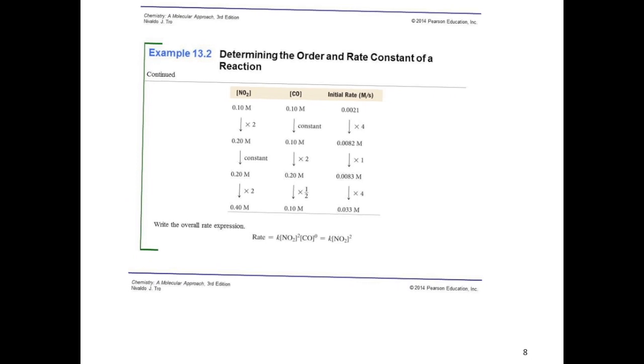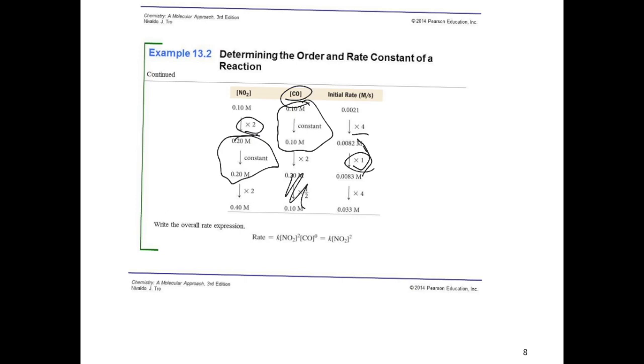When we have constant CO, and we double NO2, we get a fourfold increase in our initial rate. This we just ignore. When we double CO at constant NO2, we see no change in rate.